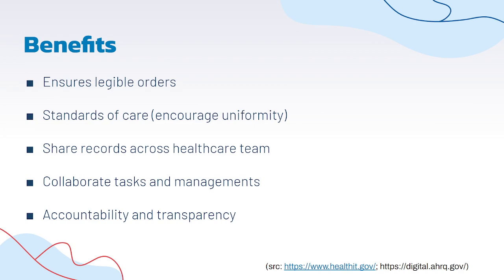Share records across the healthcare team, number 3. Doctors and nurses can access the record of the patient simultaneously. They would no longer need to transfer the chart from one place to another. Number 4, collaborate on tasks and management.